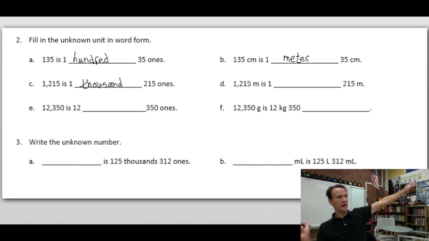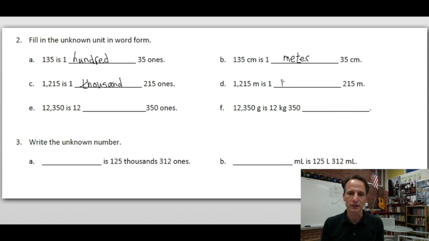So 1,000 meters, I can't do with my arms. Is that this much? No. So you'd catch an error there if you were to write centimeters. You'd see that's wrong. It does not make sense. 1,000 meters there is 1 kilometer. And note the funky pronunciation there, kilometer.